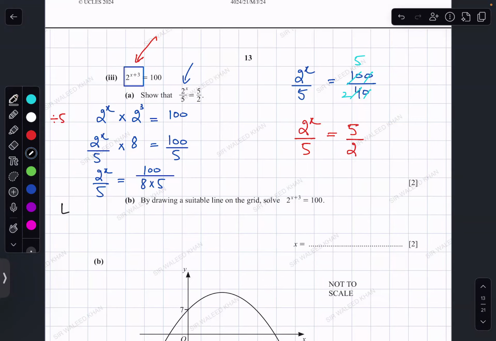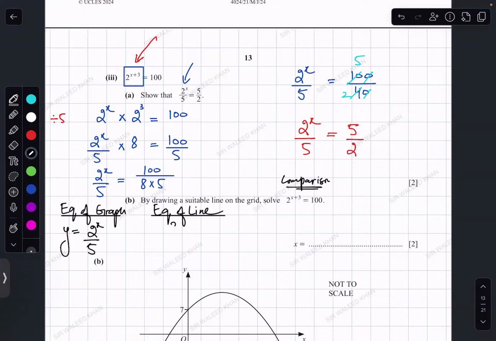Let me write it down so you don't get confused. Equation of graph, equation of line, and comparison. Now, equation of graph was y is equal to the one you drew the graph for, 2 power x over 5.